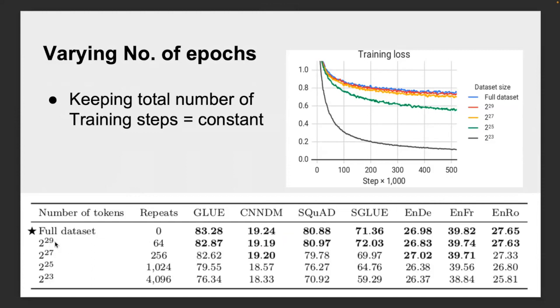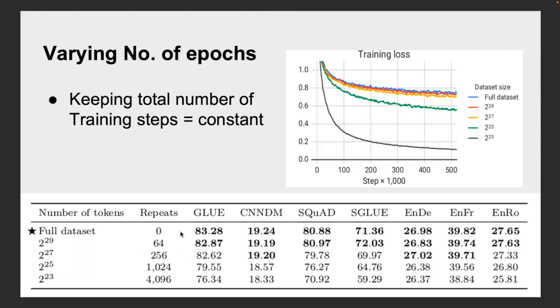So they use just 1/64, a fraction of the original data set, but repeat it 64 times so that the training steps and the tokens observed remain constant, but the actual data set is much smaller than the original data set. So they use a small fraction of the full data set, but repeat the small data set a lot of times.